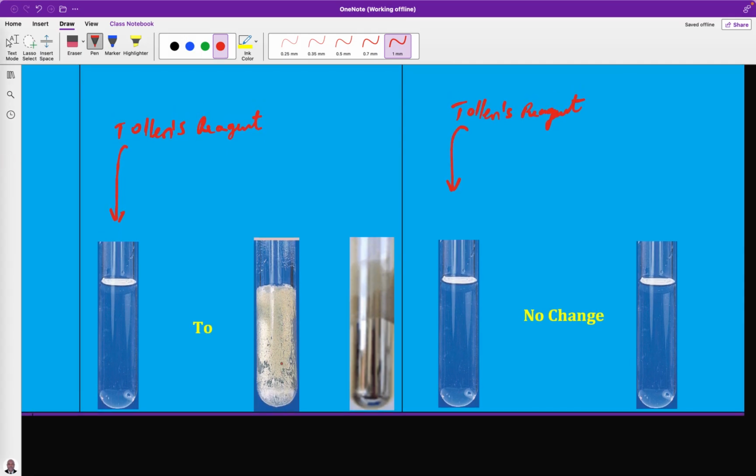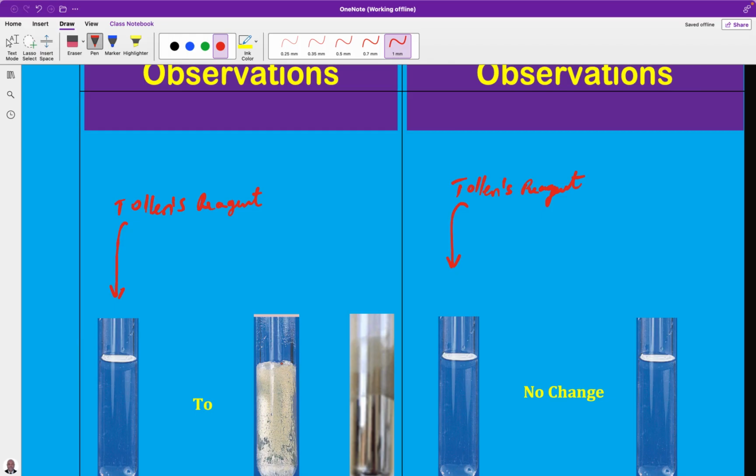Observation: a gray precipitate or a silver mirror coating on the walls.